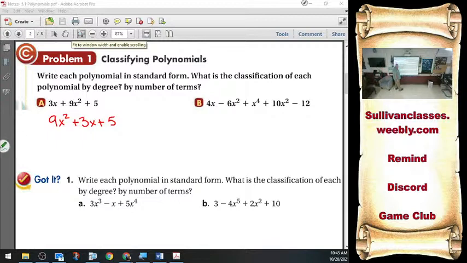There you go. Think about it like the movie theater buckets, right? Or the different Slurpees at the gas station. You want it to be in biggest to smallest order. Because technically there's an x to the first and an x to the 0 here. 2, 1, 0. Okay? That's what standard form is.